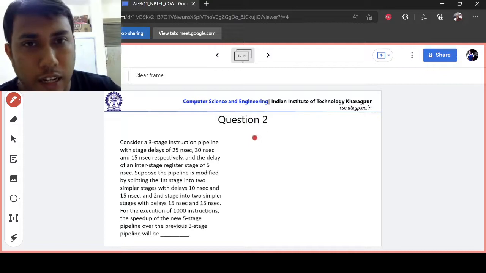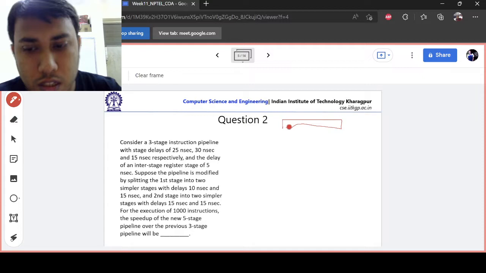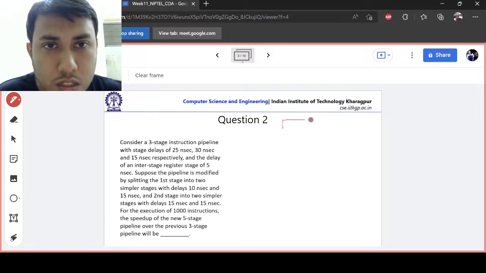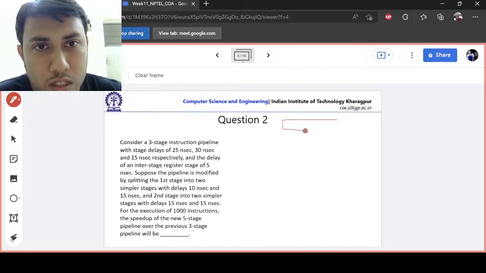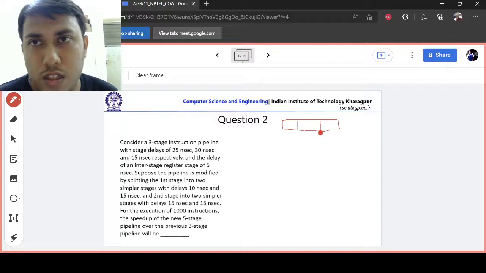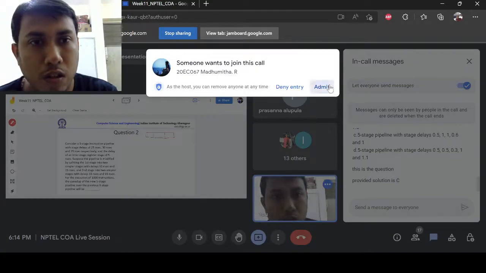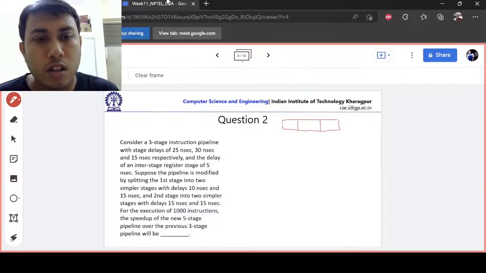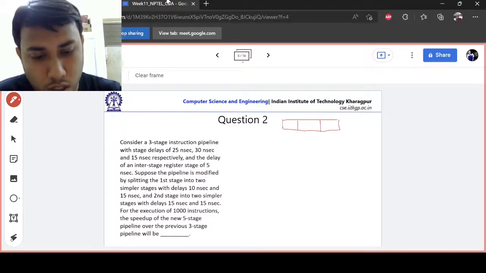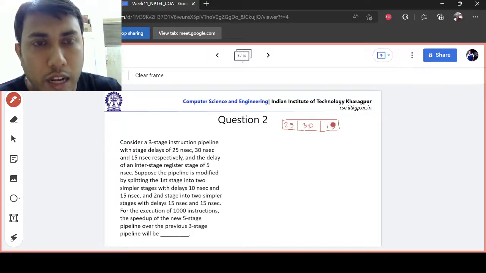So it is said initially we have a 3-stage pipeline. So in the 3-stage pipeline, we have delays of 25, 30, and 15.